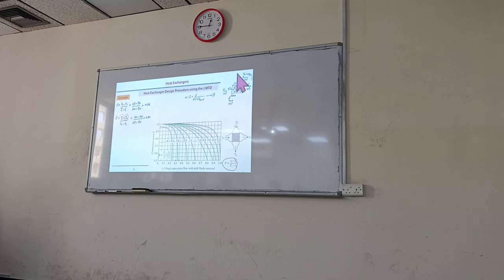So now you can draw a line at 0.36. Second is R, 0.8. Here is the intersection. So draw a horizontal line to reach this F factor. So 0.95, so 0.97.